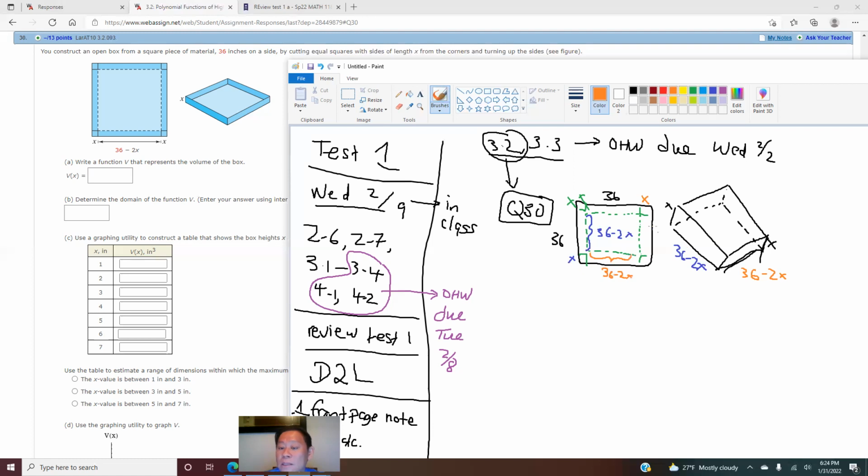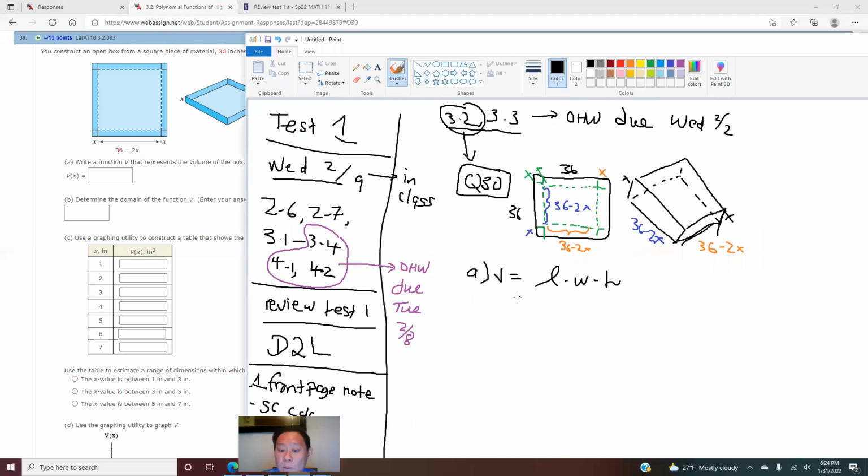For question A, you have to find the volume. Volume of a box is length times width times height. So length is 36 minus 2X, width is also 36 minus 2X, so you can make it a square, and the height is X, the height of the box.